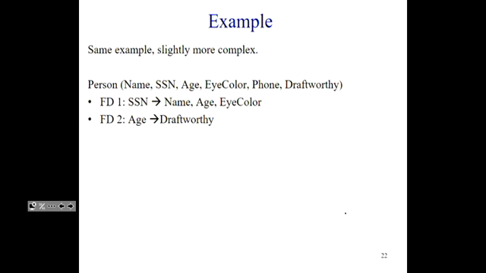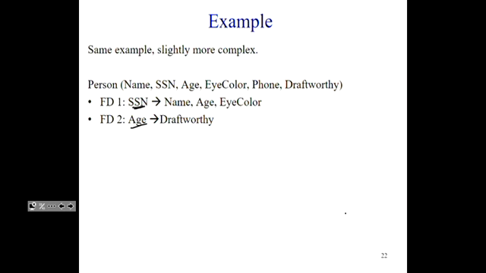Anyone? Yes? The left-hand side of both equations aren't super keys. Correct. The left-hand side of both functional dependencies are not super keys, right? So SSN is not a super key, nor is age. Correct?